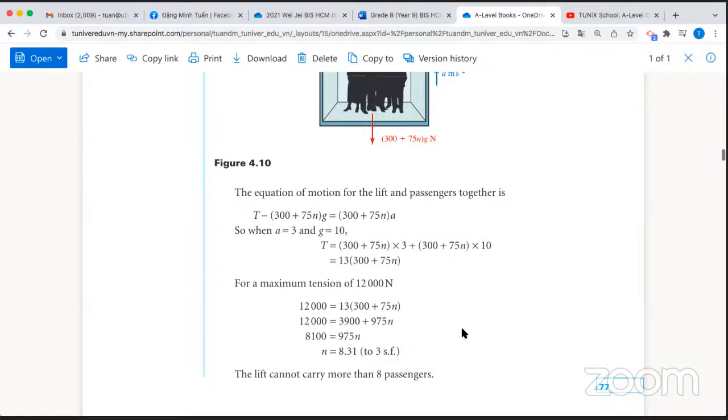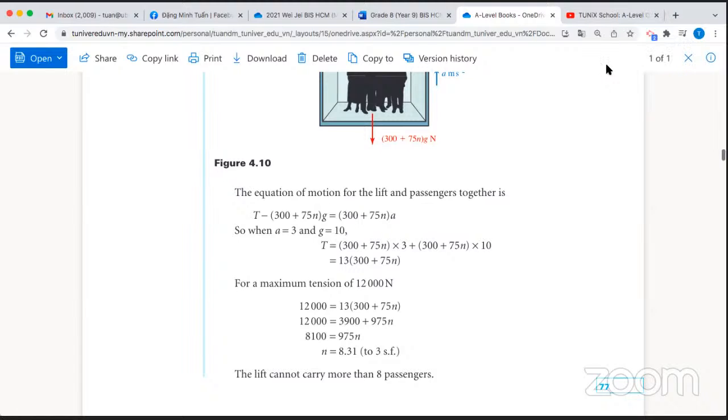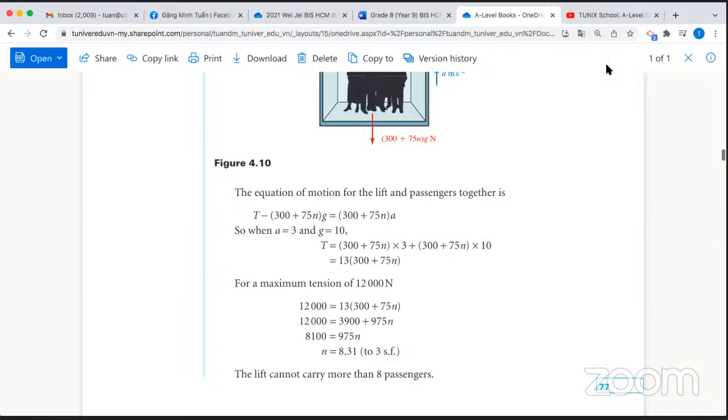There are also more things to worry about than just the weight, because the rope also has a maximum tension. If the tension exceeds it, the rope breaks and the lift falls freely.